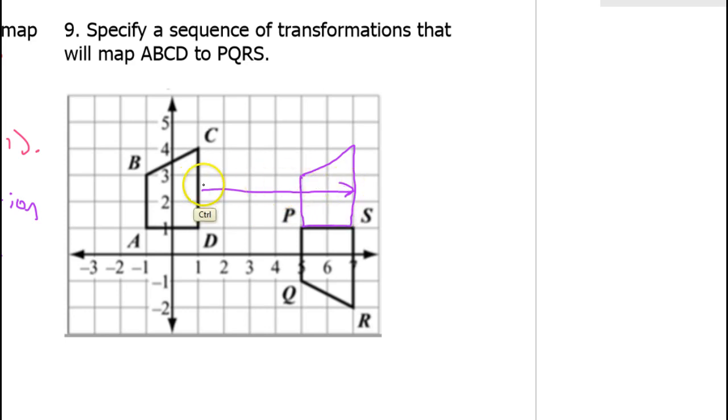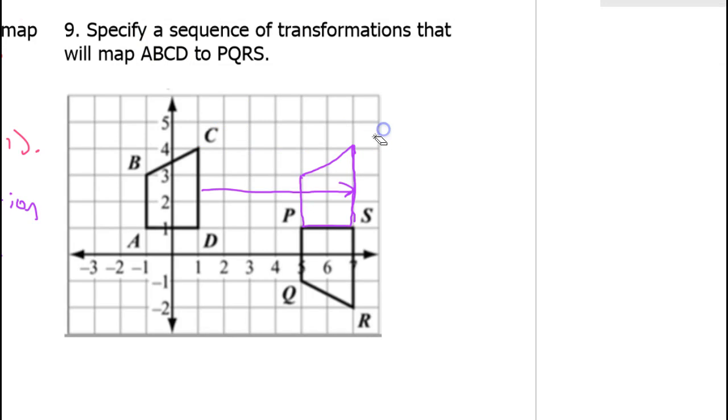That's 6 spaces to move CD to here. Don't count the space in between. Don't count the 4 spaces in between. You have to count how far it takes to get from C to C prime. That is 6 spaces.